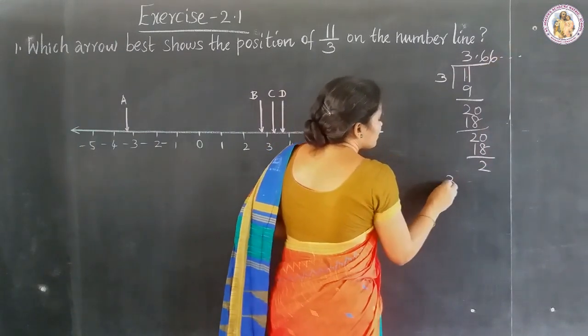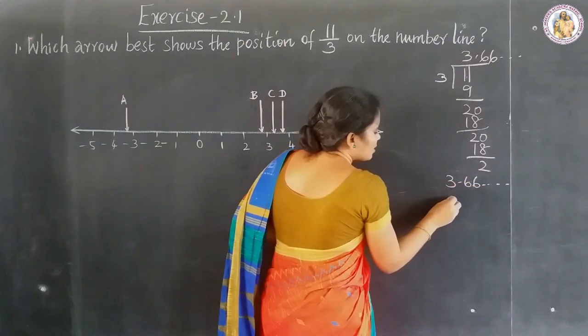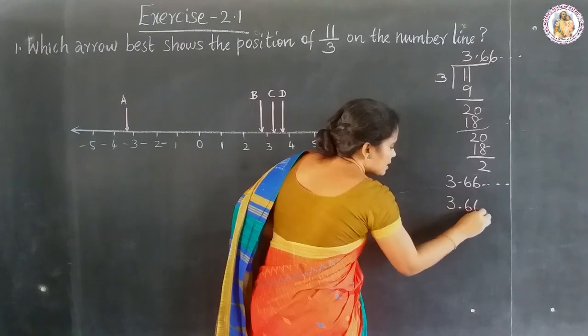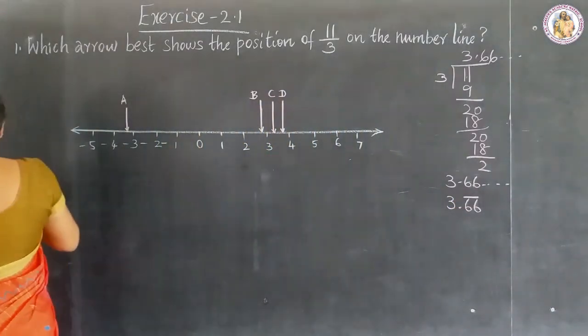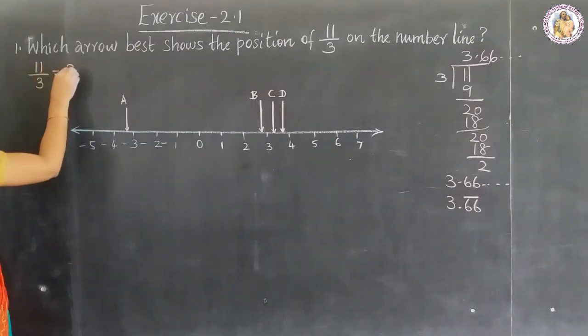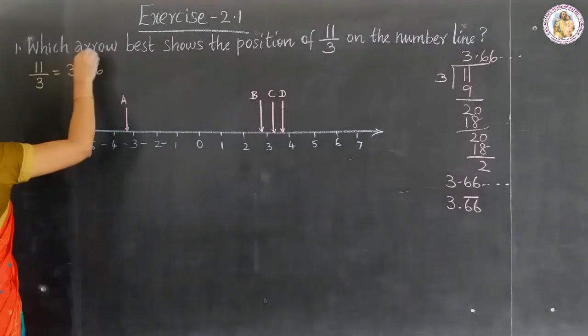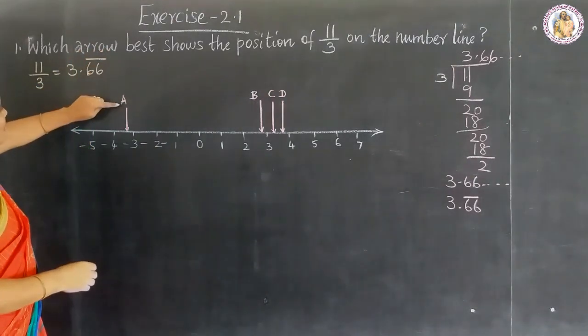Okay, 3.66. Or otherwise write 3.6 bar. Okay, 11 by 3 is equal to 3.66.